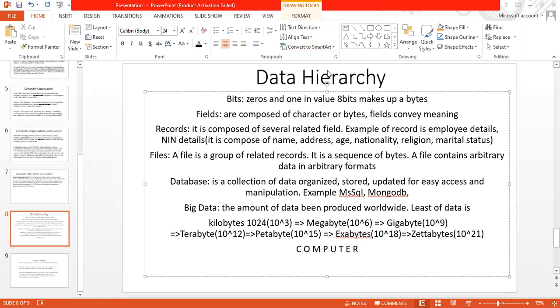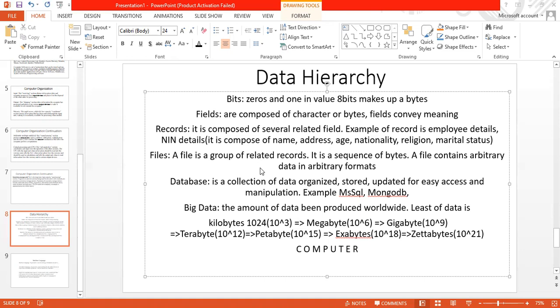And also we look at files. A file is a group of related records. It is a sequence of bytes. For example, if I'm having 5 employees, I'll be having their records.